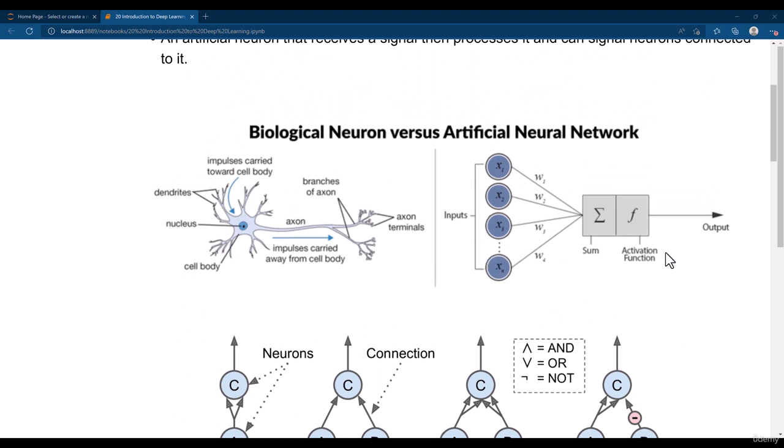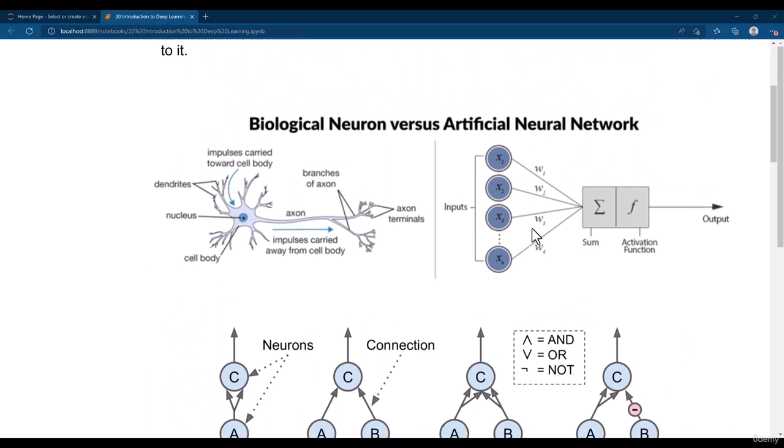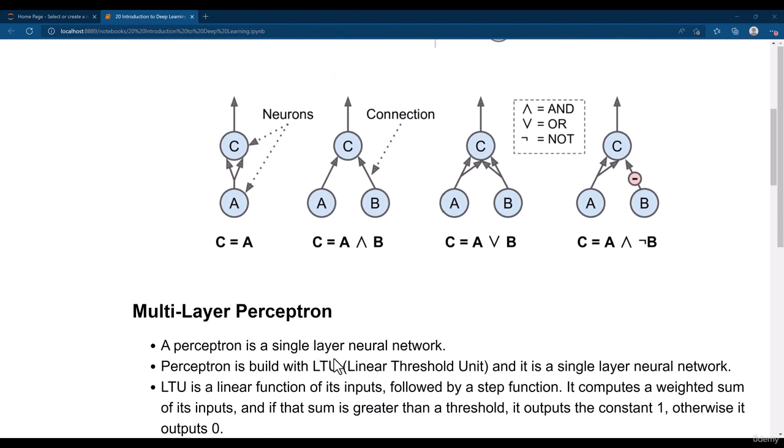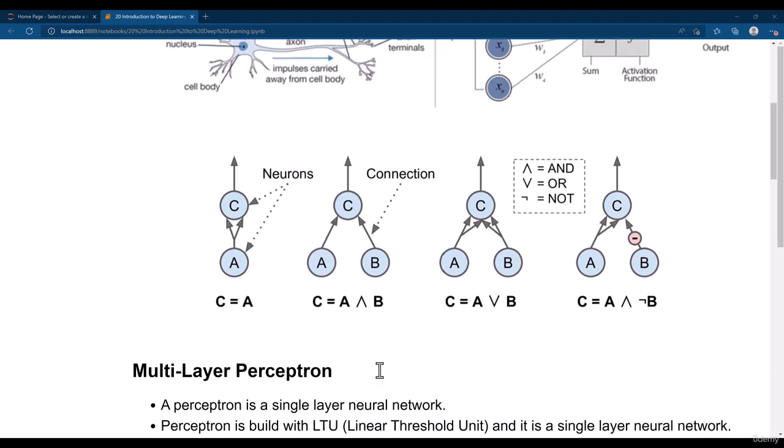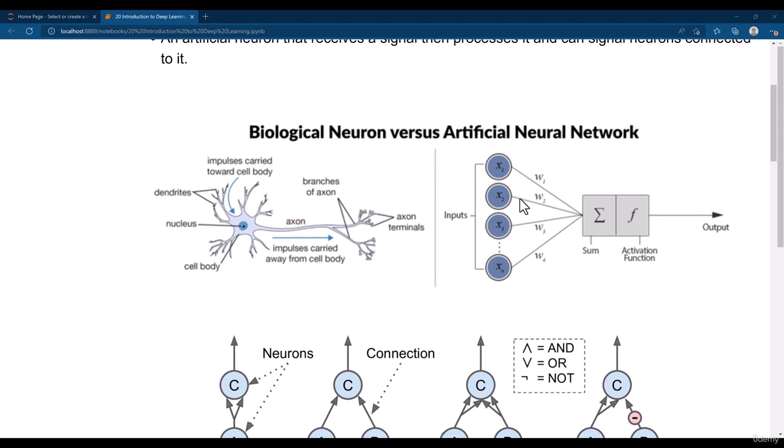So this particular thing is known as a neuron. Other than that, it is also known as a linear threshold unit. Why is it known as a linear threshold unit? Because when you apply the activation function, the input gets multiplied by a weight, and then these are summed together, and in real sense there is just a single input coming to the neuron, and then the activation function is applied there.